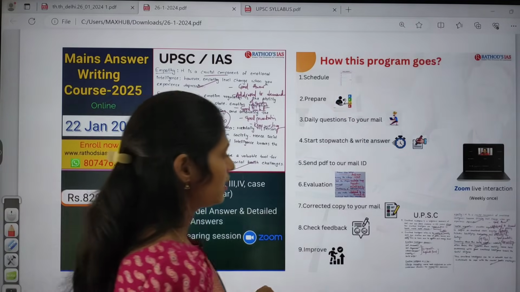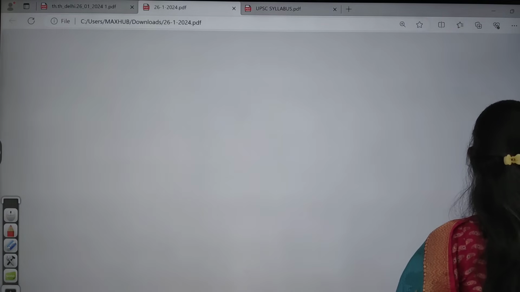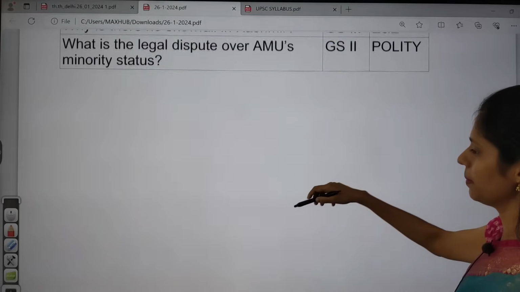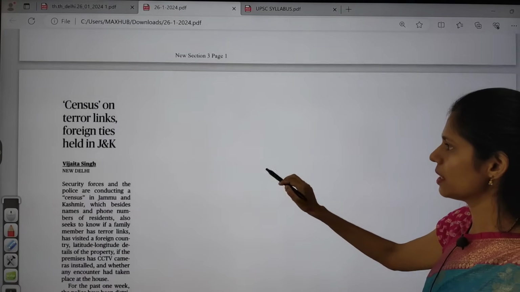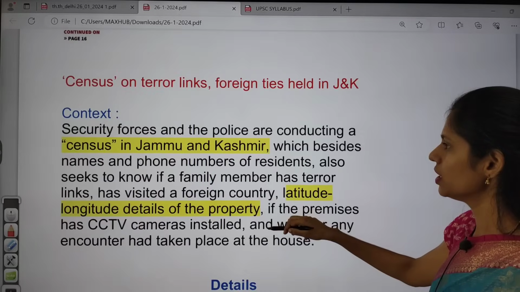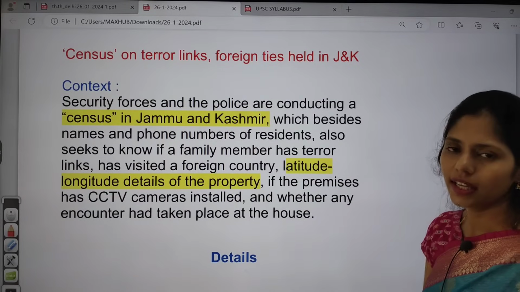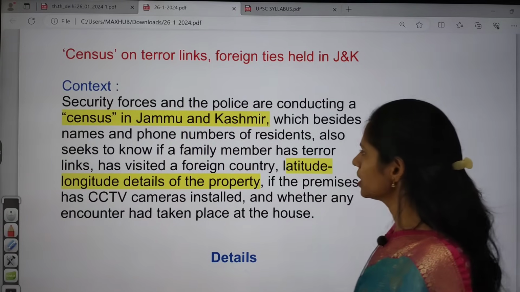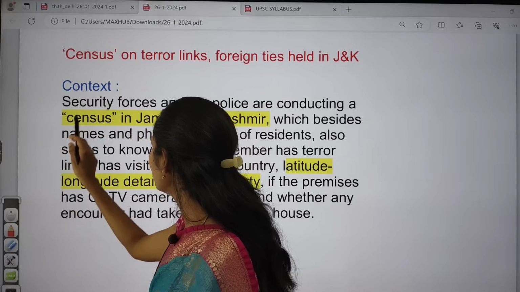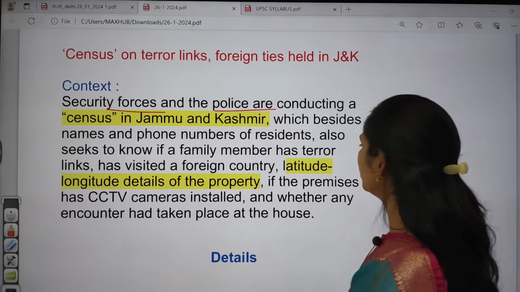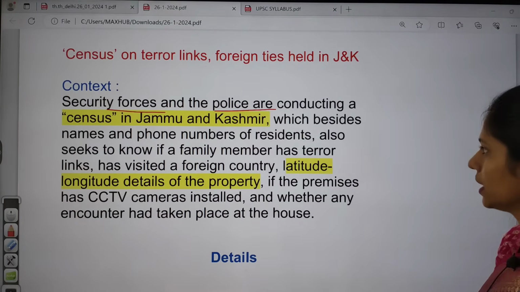Let us see the important points regarding the articles that appeared in today's newspaper. The first topic is about the census. Why is it in news? Security forces and the police are conducting a census in Jammu and Kashmir.